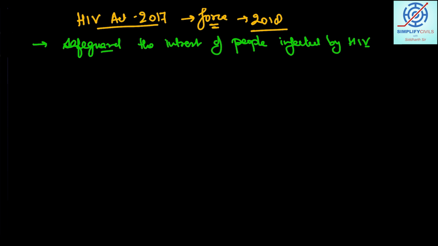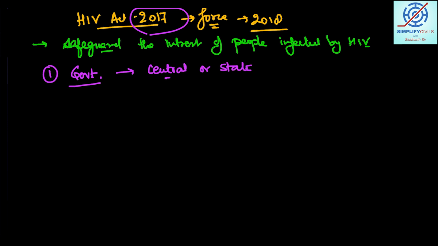So there are some provisions. As such, it's a 5 or 6 years old topic, but still you should have some points clear in your mind. The first provision was with respect to the government, that the government should not discriminate, either central government or state government. None of the governments has the power to discriminate.